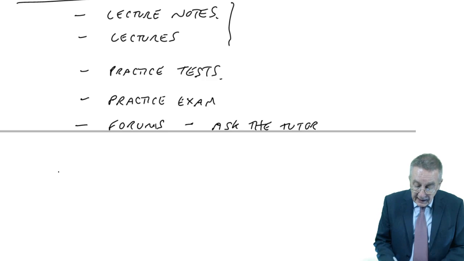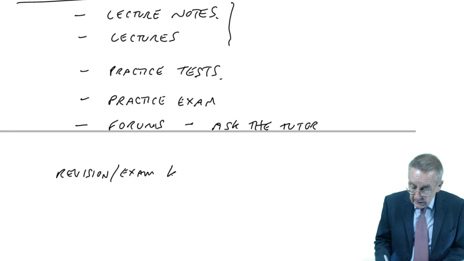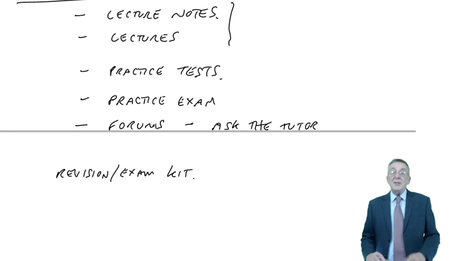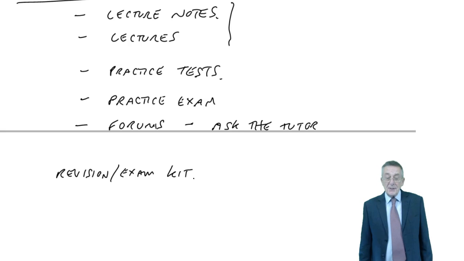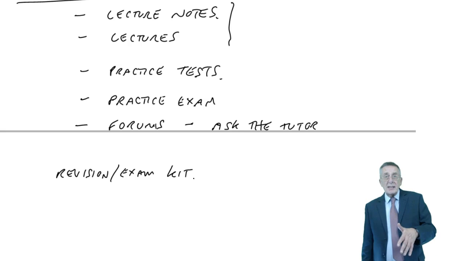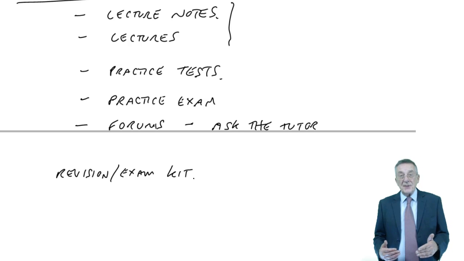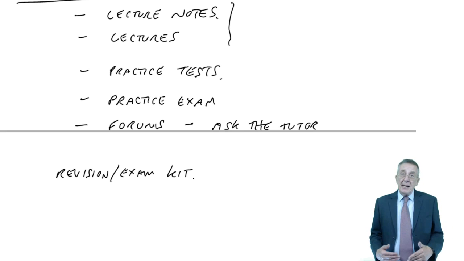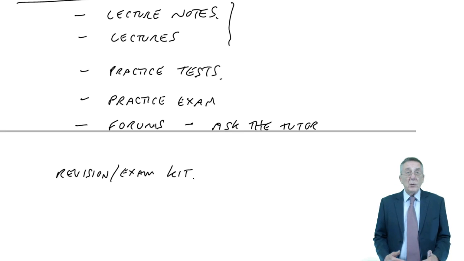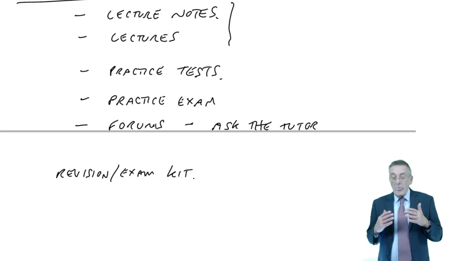And you really should buy a revision or exam kit from one of the 3 ACCA approved publishers. Some call it revision kit, some call it exam kit, but they're full of exam standard questions, together, obviously, with answers and explanations. And you really must have one.